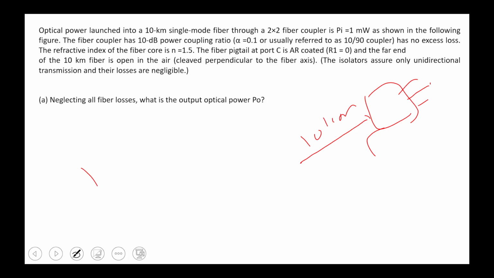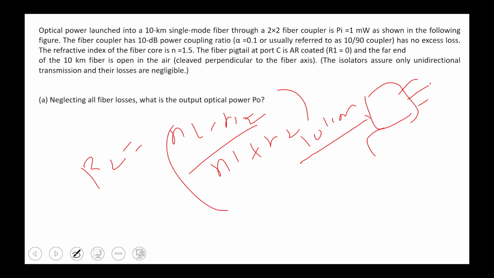So R2 is N1 minus N2 upon N1 plus N2, whole square. Here N2 is the air and N1 is 1.5. So R2 equals 1.5 minus 1 upon 1.5 plus 1, whole square, which is approximately 1 upon 25.